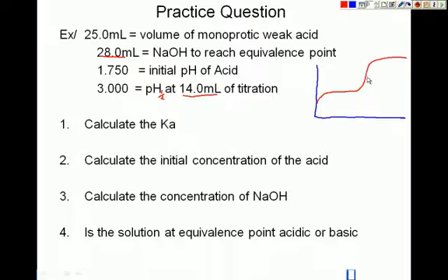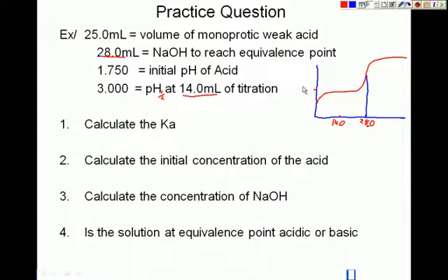Right here is your equivalence point, and that would be 28.0 milliliters, and right here, about halfway in between, is 14.0 milliliters. Right here is your pH half.